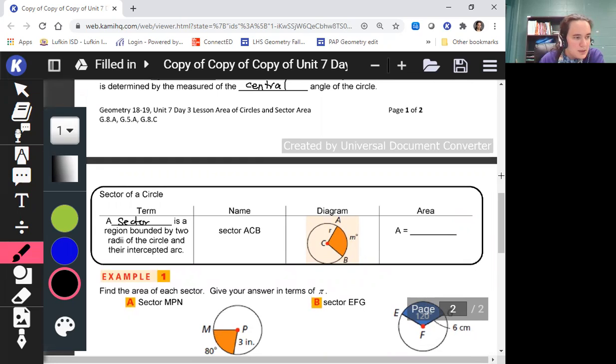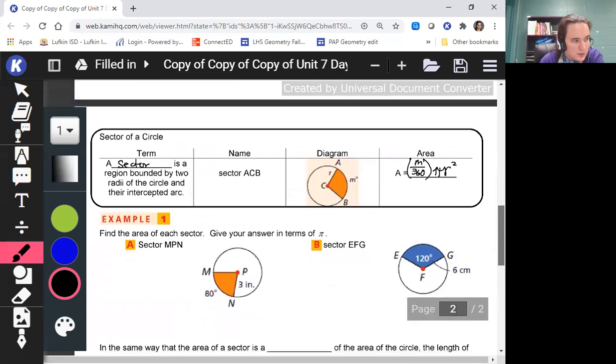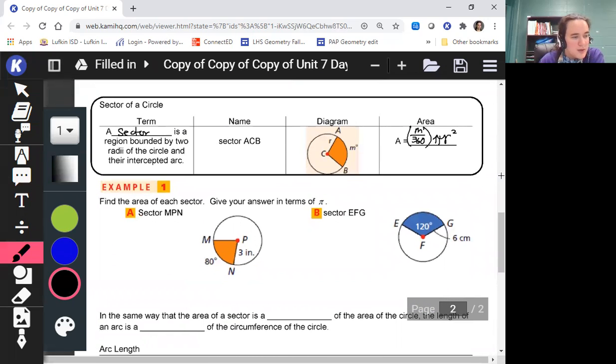Okay, so this is what a sector looks like. It looks like a piece of pie. So we're going to take the measure of the angle over 360 degrees and multiply it by the area of the circle, pi r squared. That's what we want to do on our next 2 examples and find our answer in terms of pi.